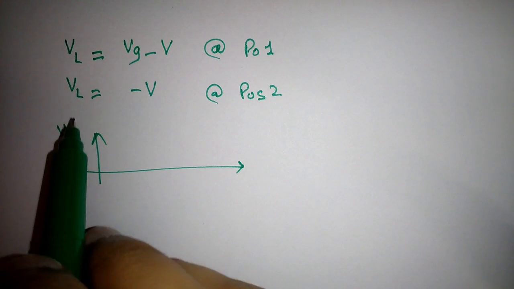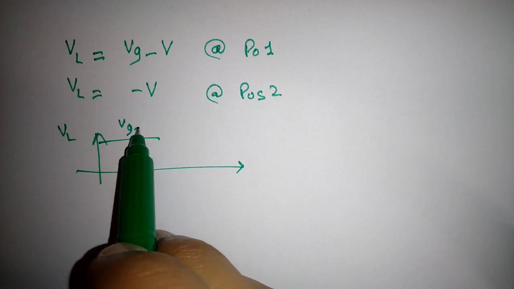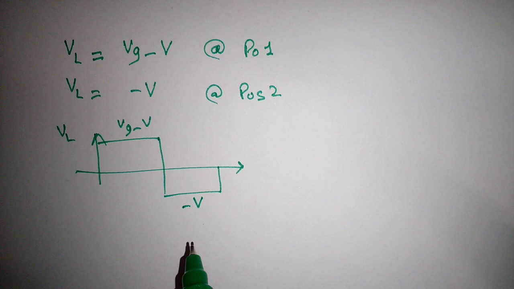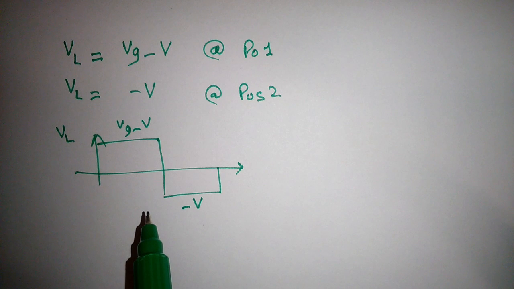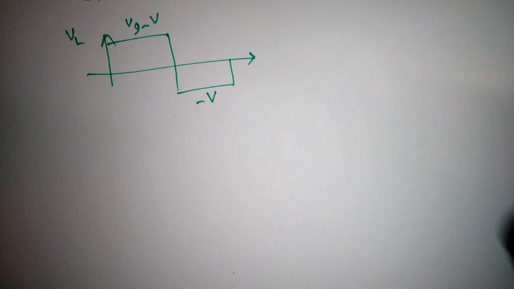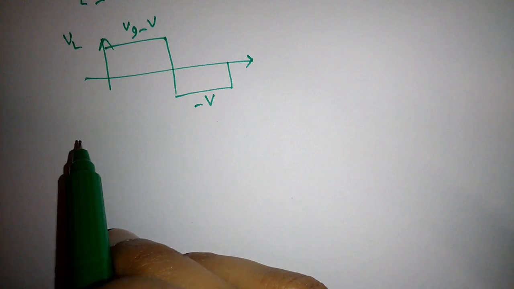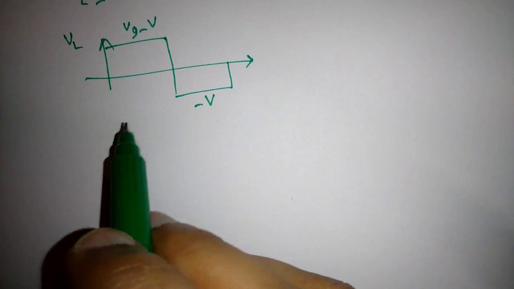The inductor voltage is equal to Vg minus V, and for the next amount of time it is negative V. If we just integrate this area, we can easily find the output voltage. So by applying volt second balance, we can easily find the output voltage.